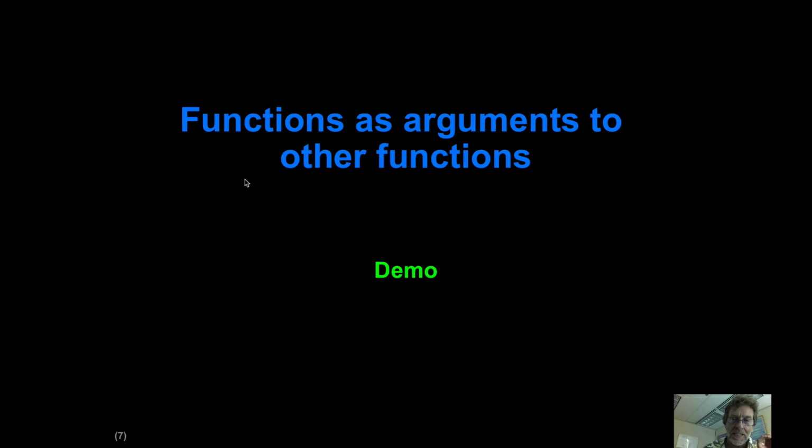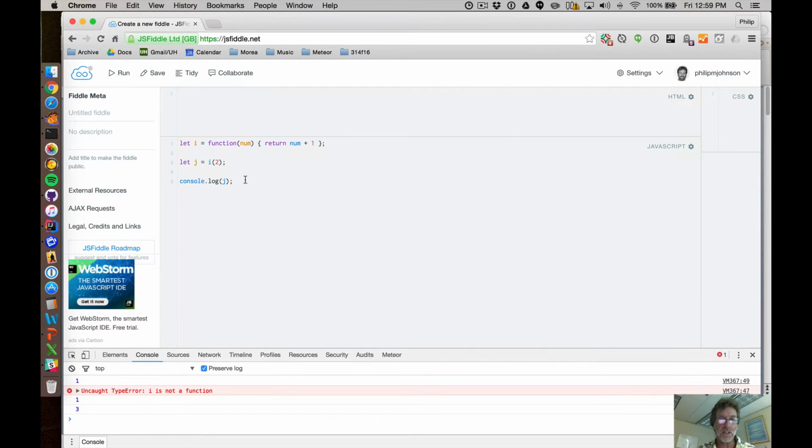Okay, so that's the functions as values part. Now we're going to go to functions as arguments to other functions. That's the second piece of our functional programming paradigm. Okay, well, how do we do that? Let's get rid of this, and let's take as our example a situation where we want to take a list of numbers and add 1 to them.